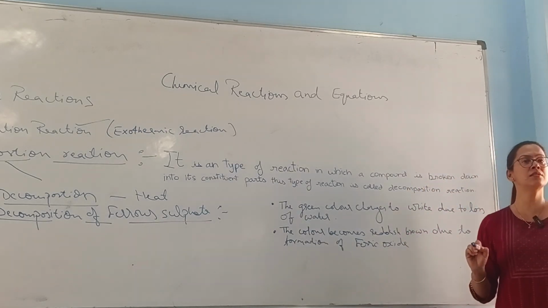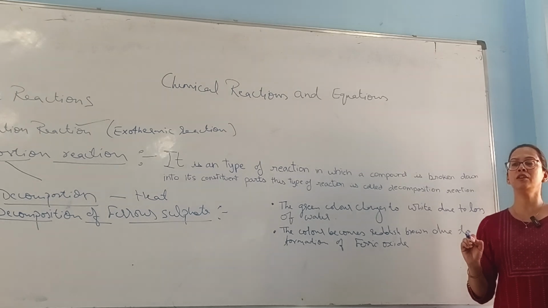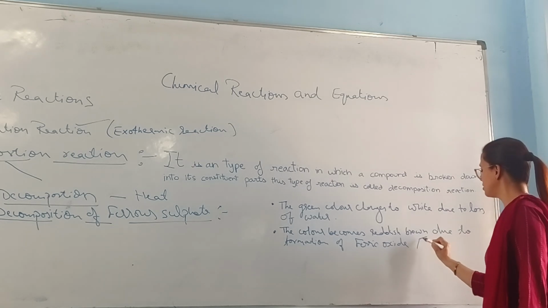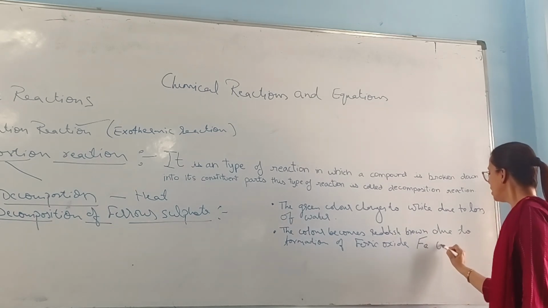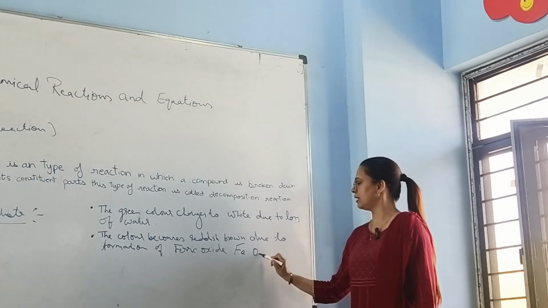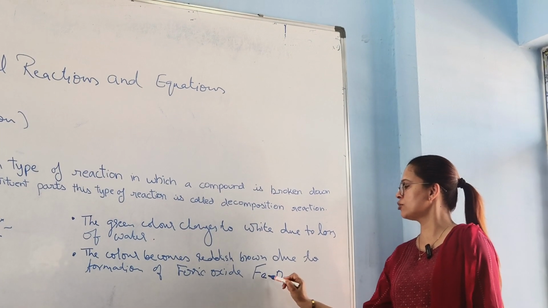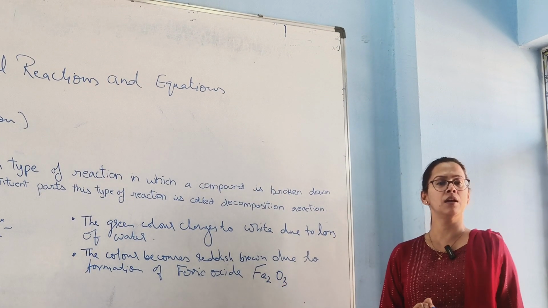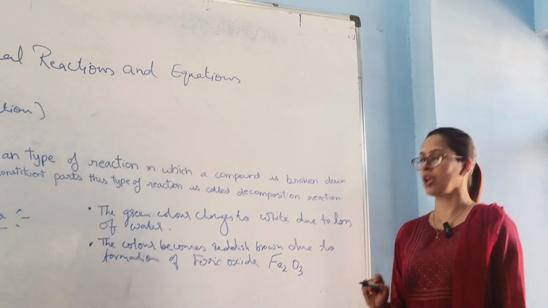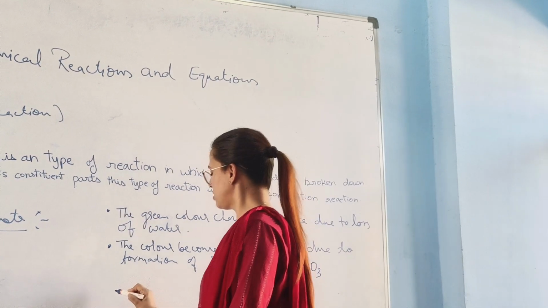Ferric oxide means the valency of iron here is 3. If the valency of iron is 3 and the valency of oxygen is 2, what do we get? Fe2O3, right?